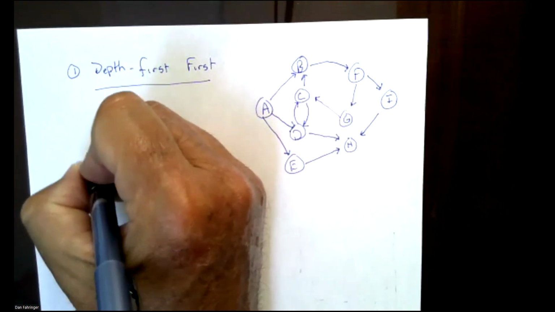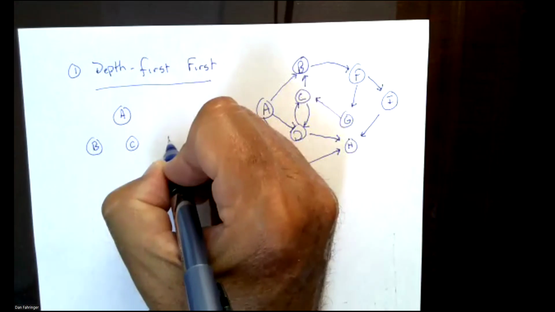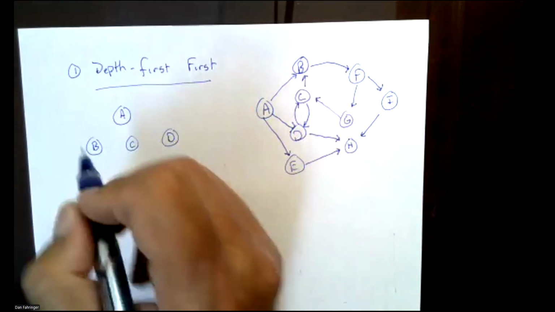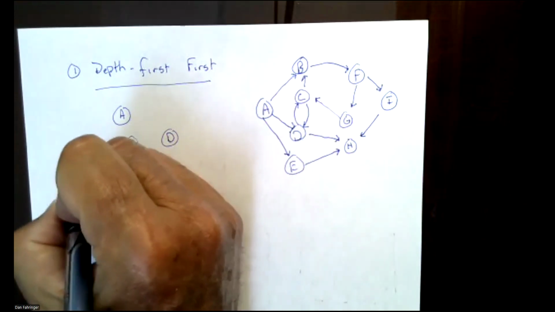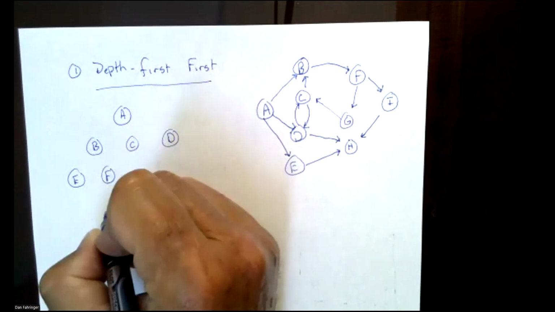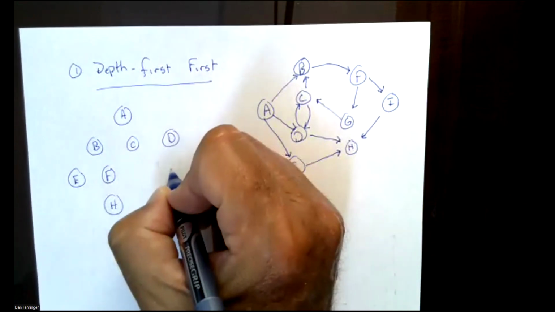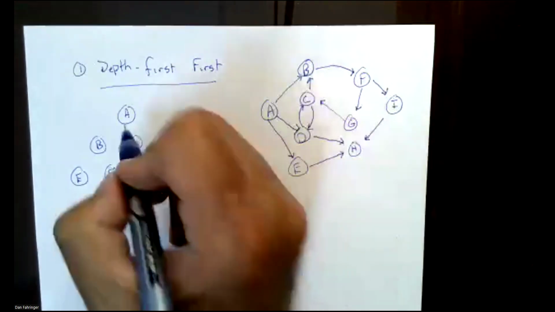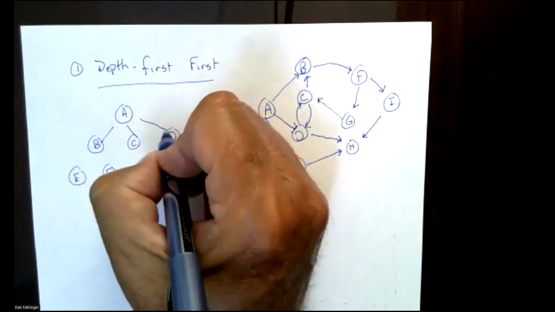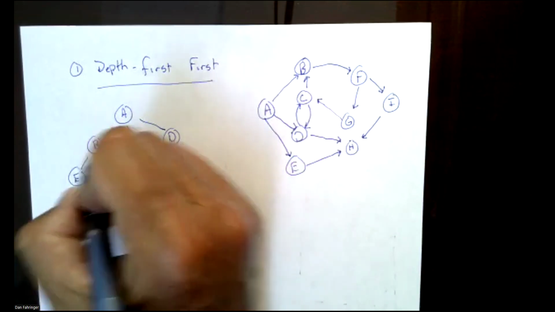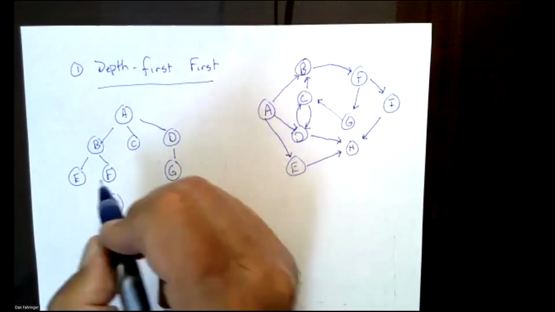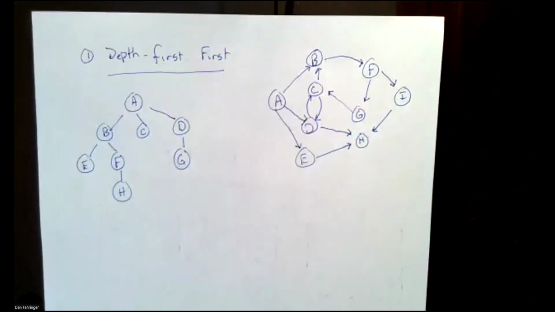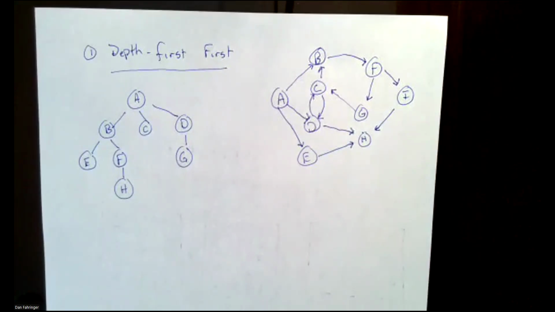A, B, C, D. Well, it's not a binary tree anymore. E, F, H, G. A, B, C, D, E, F, G, H. You notice we don't have arrows on this. This is more of some kind of graph.